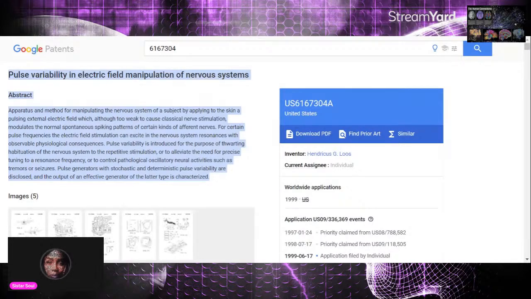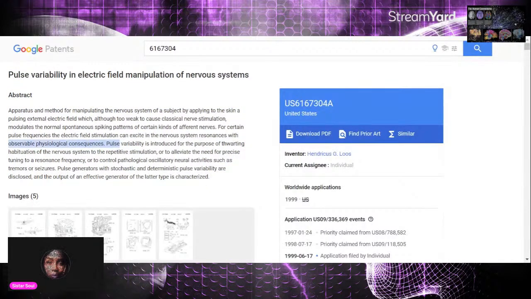By applying to the skin a pulsing external electric field, which, although too weak to cause classical nerve stimulation, modulates the normal spontaneous spiking patterns of certain kinds of nerves. For certain pulse frequencies, the electric field stimulation can excite in the nervous system resonances with observable psychological consequences.